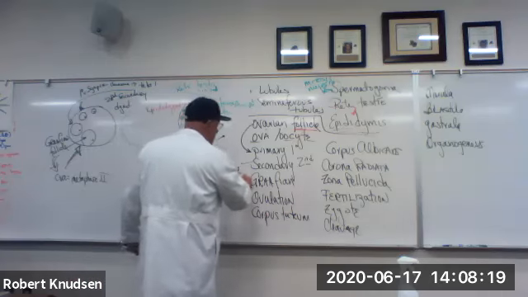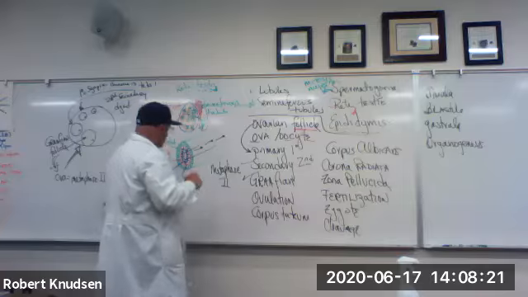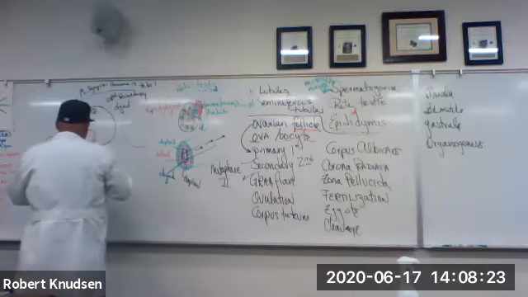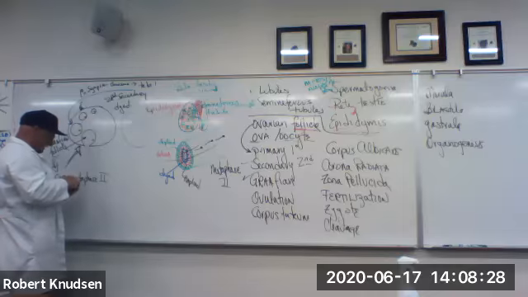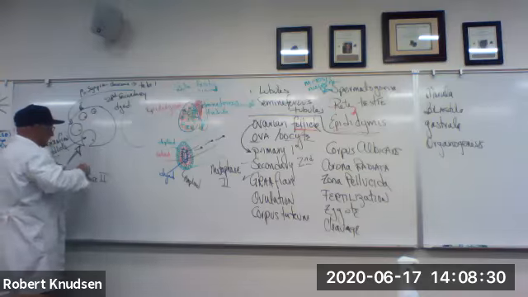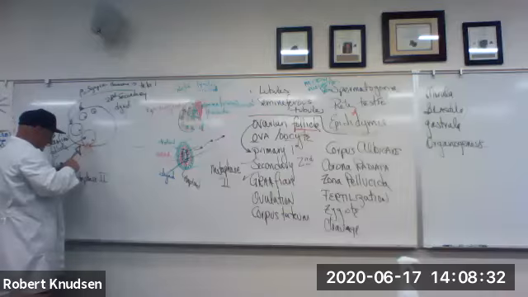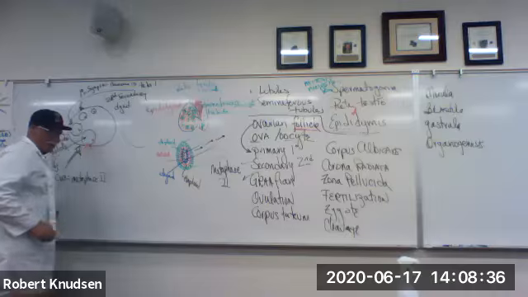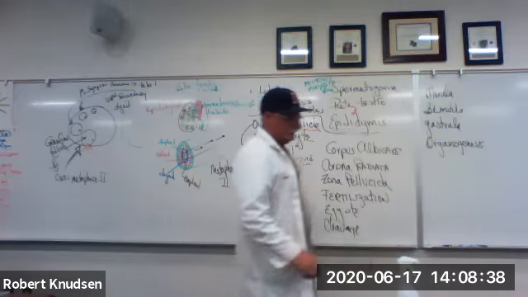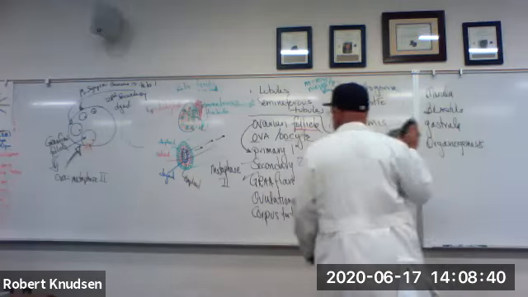Okay, that's secondary, Graafian, and when it pops, the Graafian pops, I'll make it look yellow. Now I got room to do one more cell.